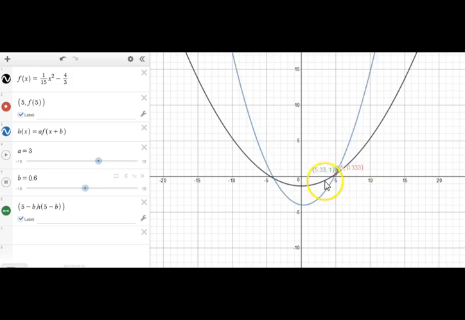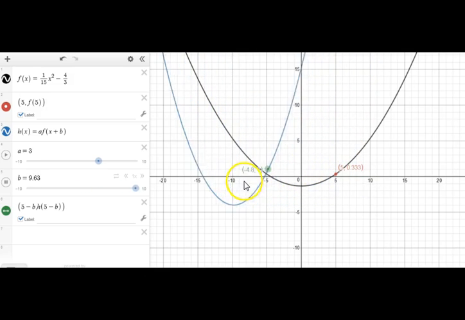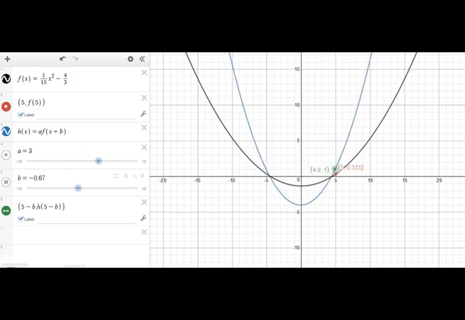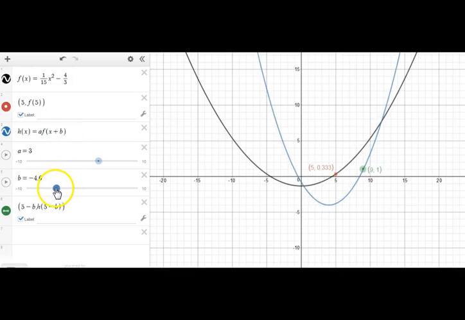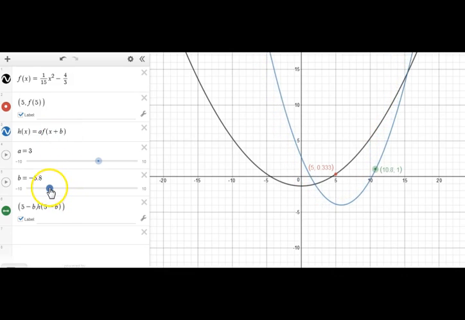As it shifts left to right, we can see what the new point would have been if I were to shift it by, let's say, instead of 3 times my function and then x plus 1, 3 times my function and then x minus 6.